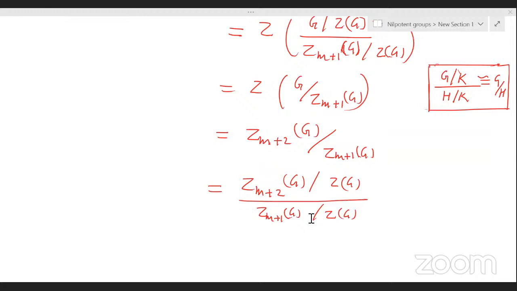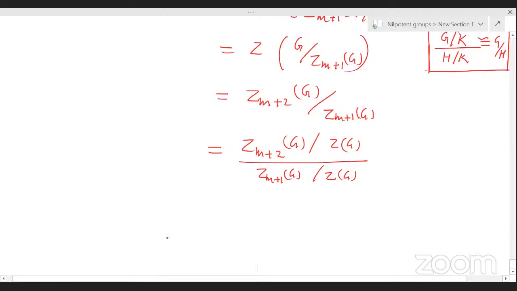And now, what is this? Let me write it here from where we have started: Z_{m+1}(G/Z(G)) upon Z_m(G/Z(G)).